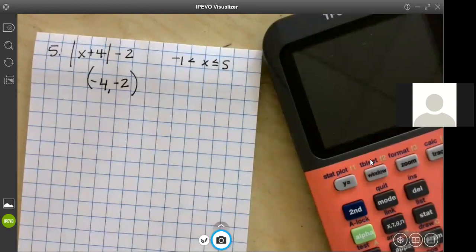Up, down, left, right, and how far? Down 4, and then right 2. Okay, so you mixed them up.